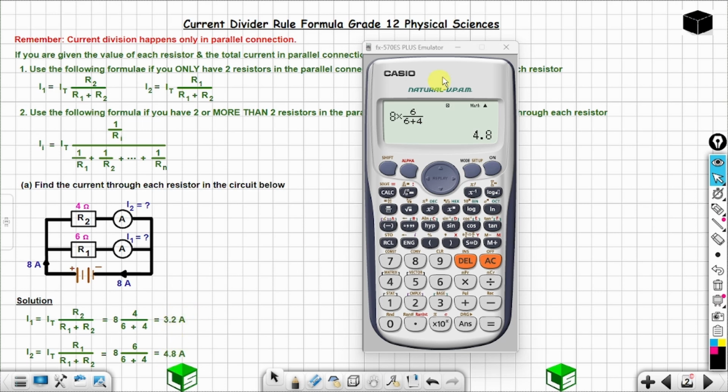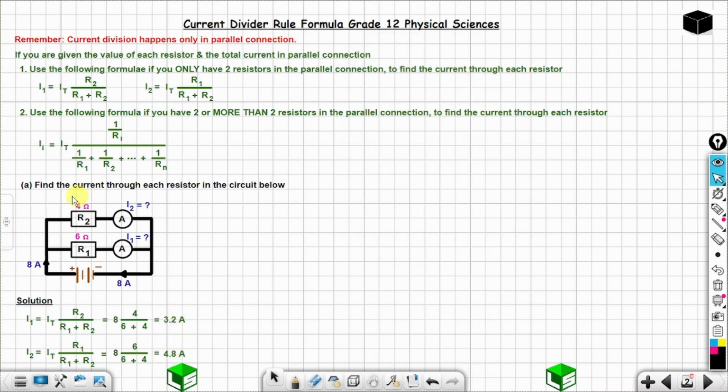So you can see on the smaller resistor, you have a larger current. On the bigger resistor, you have a smaller current. The greater the resistance, the smaller the current that is going to flow through the resistor. Resistor, resistance, resisting, as the word implies. With a larger resistance, you are going to have a smaller current flowing through it.